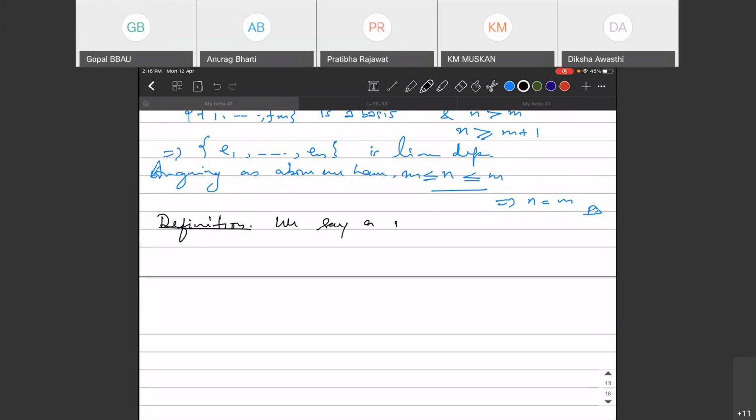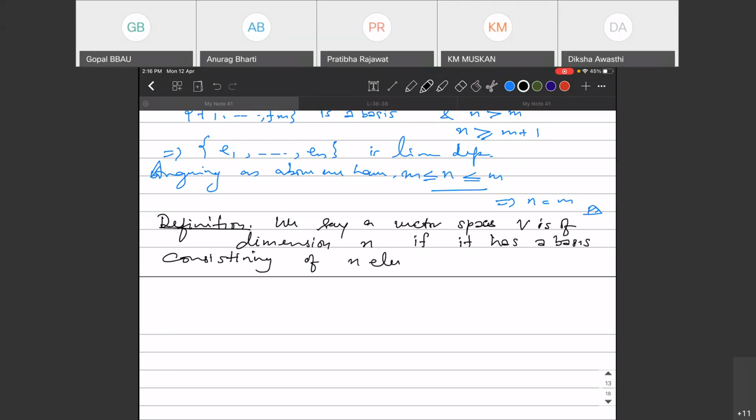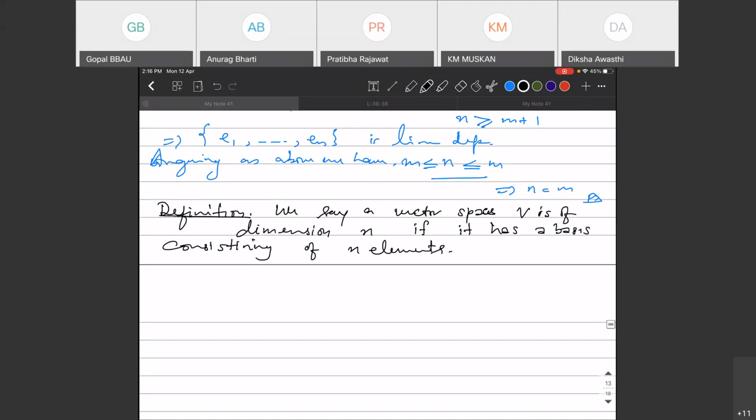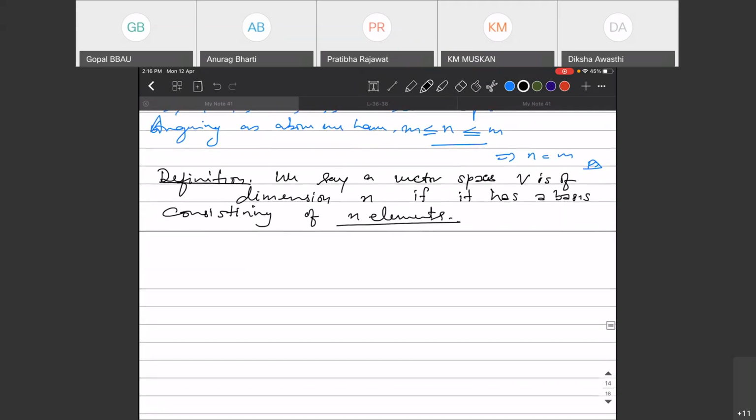We say a vector space V is of dimension n if it has a basis consisting of n elements. From this definition, what you would infer is that in fact every basis will then have n elements.